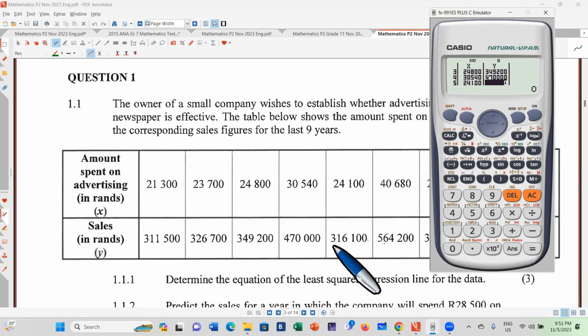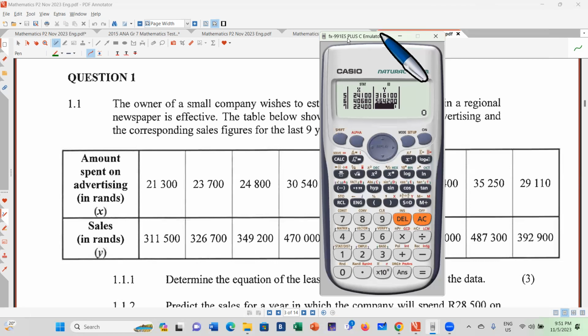The next one is 316,100. After that is 564,200. Okay, so we punched in 564,200.